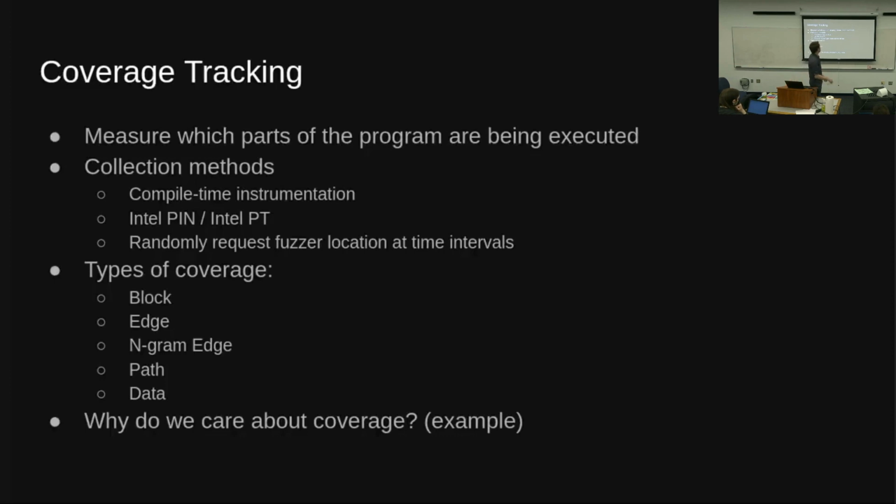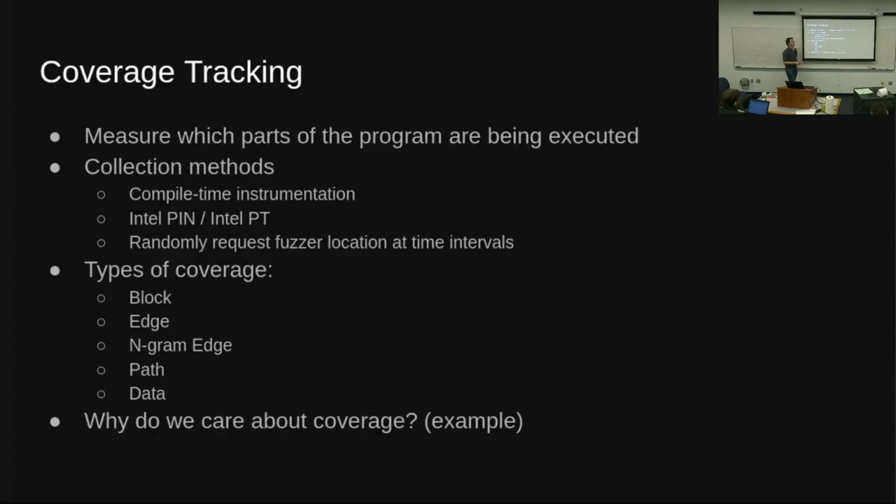Last lecture we talked about a few ways to collect coverage. It can be through compile-time instrumentation, where while compiling the target, you add some extra checks that record coverage. This can be through tools like Intel PT or Intel Pin. Another is very simple: you launch the target as a child process, and every now and then you look into the child's memory to see where it is right now, and you record that as a coverage location.